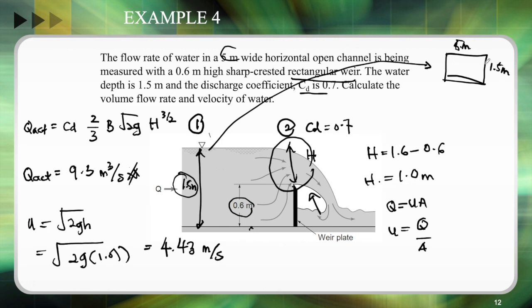Multiplying 5 times 1.5, you will get 7.5 meters squared. Q that we got from this equation is 9.3. Divide by 7.5, and you will get the upstream velocity of 1.24 meter per second. Because the question does not specify at which location the velocity of water is wanted, you have to find both the upstream velocity and the downstream velocity.